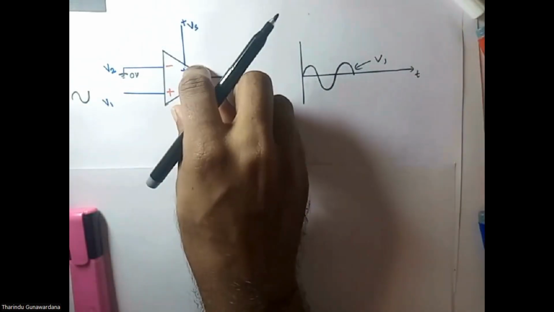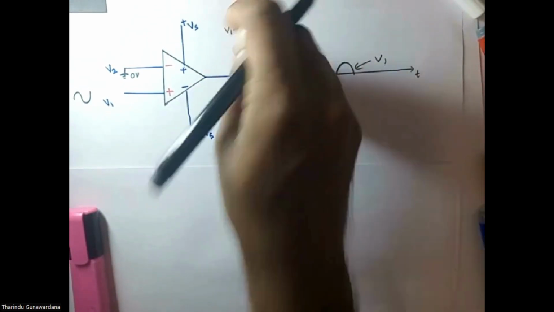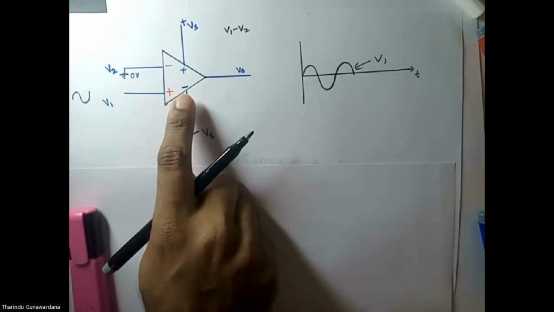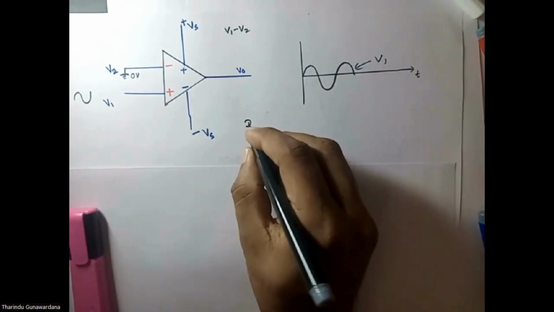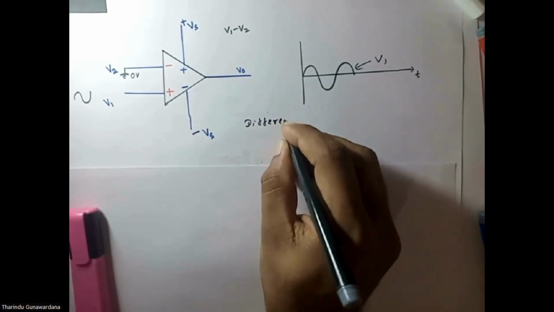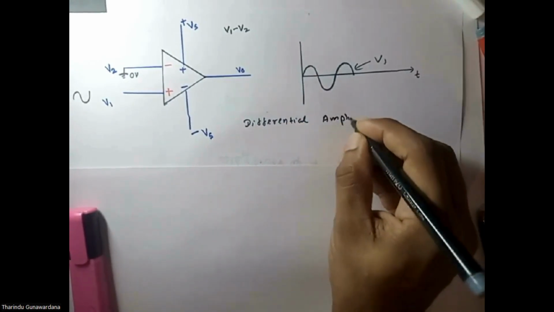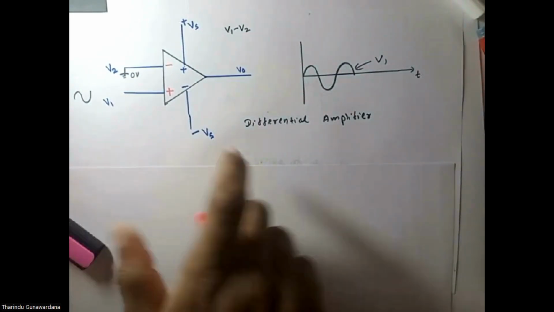Therefore, this op-amp is known as a differential amplifier. This is another name for op-amp.